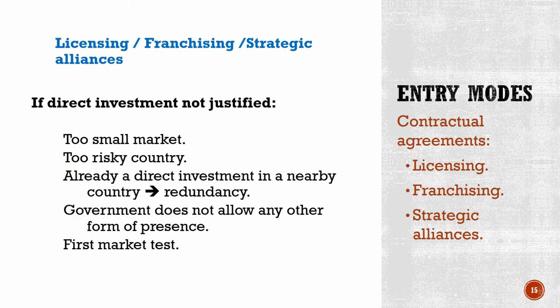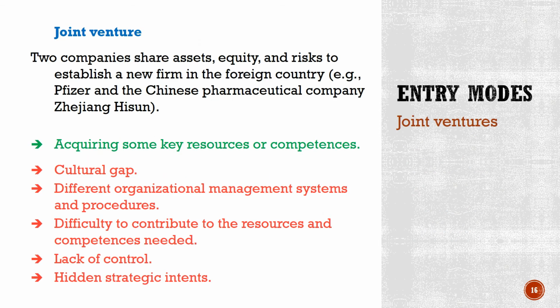Contractual agreements are suitable when direct investment is not justified because of the size of the market, the risk of the country, redundancy, when local government does not allow any other form of presence, or to test the market. A very common mode of entry is the joint venture.